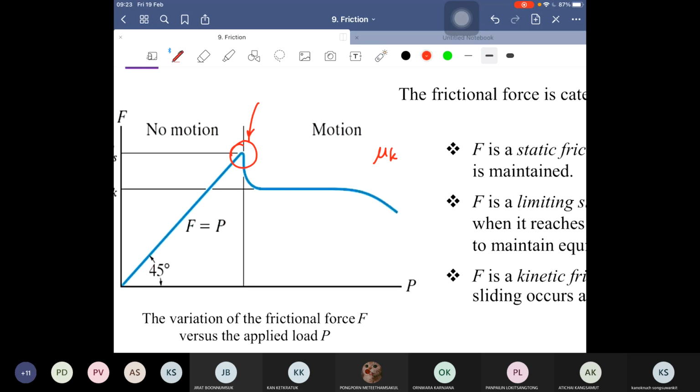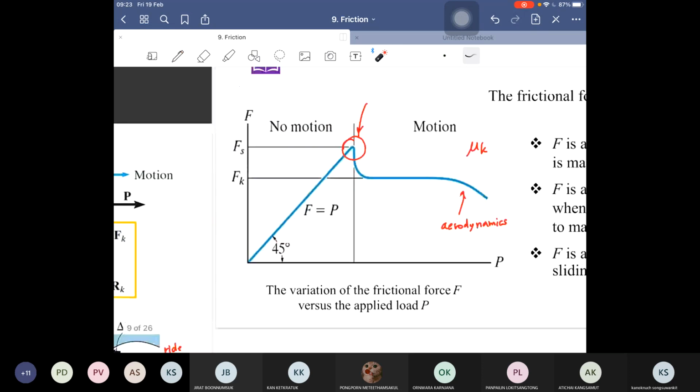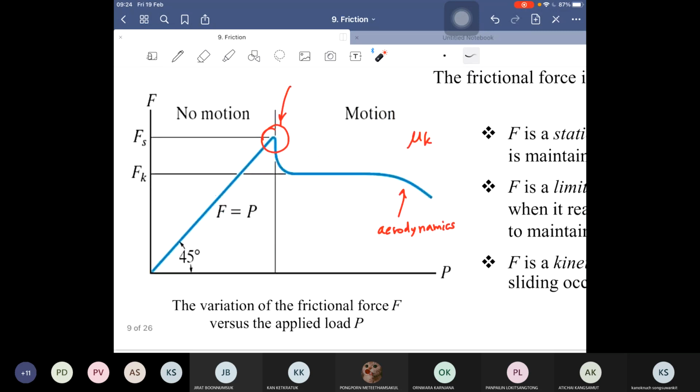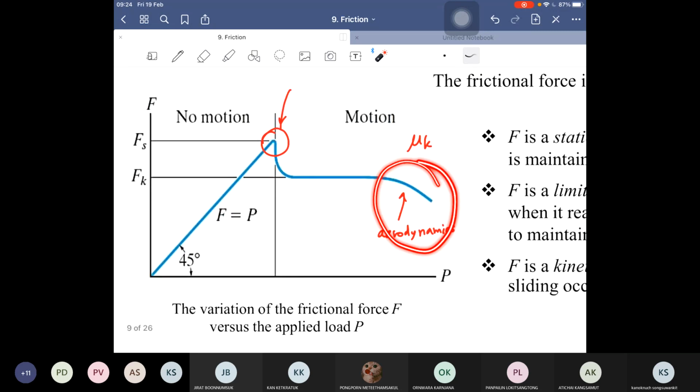This is due to the effect of aerodynamics. If the box is moving at great enough speed, the air will support the movement between the contacting surfaces. The contacting surface is reduced, so the frictional force Fk is reduced in the same manner. That's why along this state, the Fk graph will drop down.